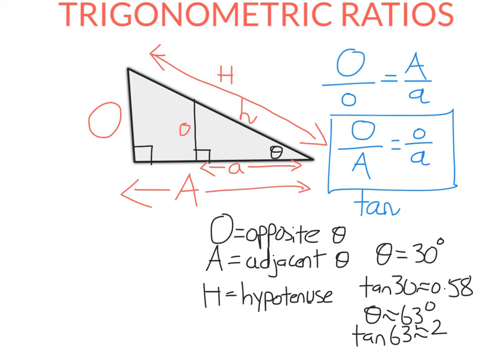So we're going to investigate the three ratios you need to know in this video, and then later we can use them to find unknown sides and angles. For example, if I know that this is 63 degrees and I know that this side is 10, this side would be 5, because if this is 63 degrees, the opposite side is double the adjacent side. That's where we're heading with this. But let's go through the other two trigonometric ratios.